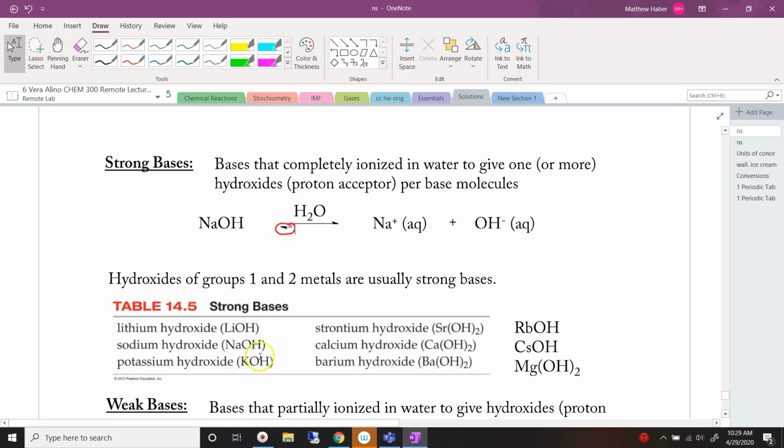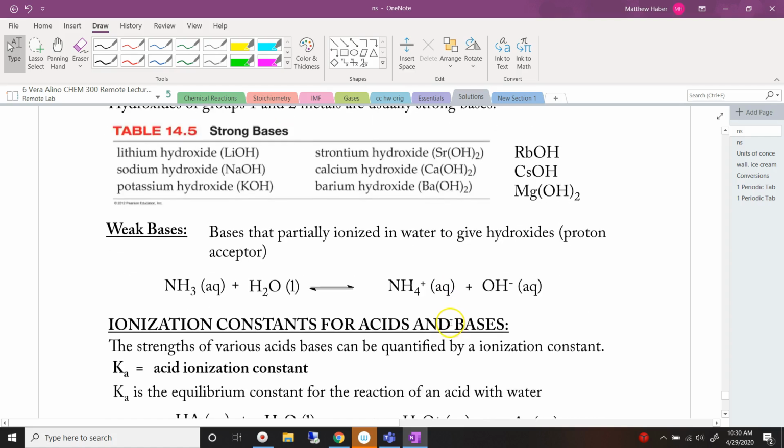And some selected few of the group 2 metals: strontium, calcium, barium hydroxides are usually strong bases. So, Ca-Sr-Ba, I like to remember that. Okay. Weak bases, just like your weak acids, have a double arrow, so they do go back and forth in the solution.